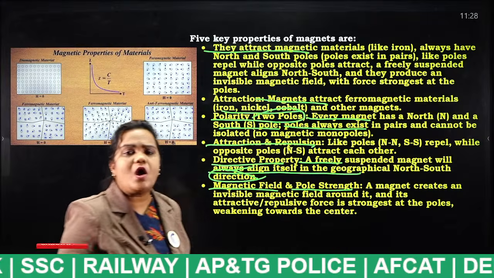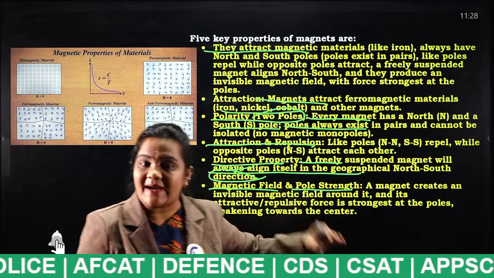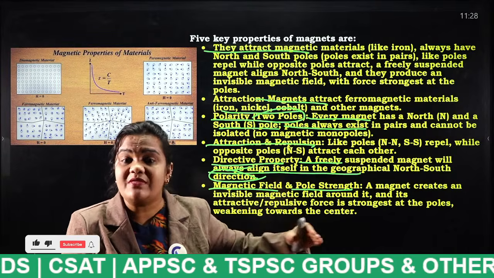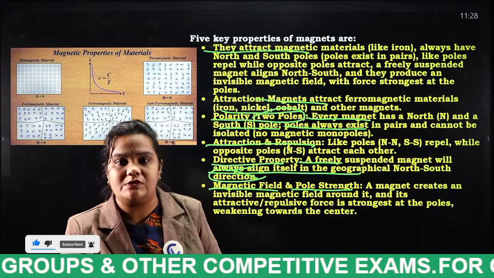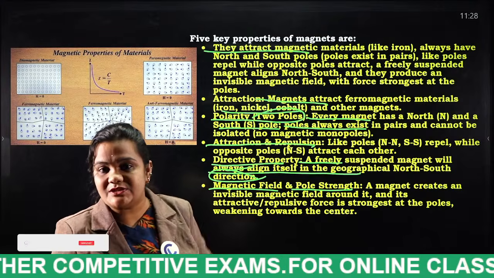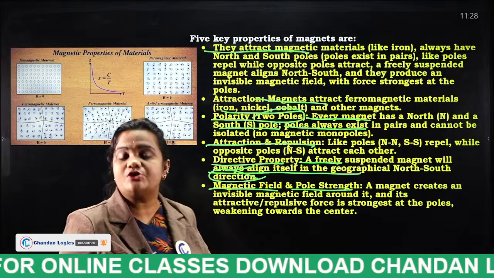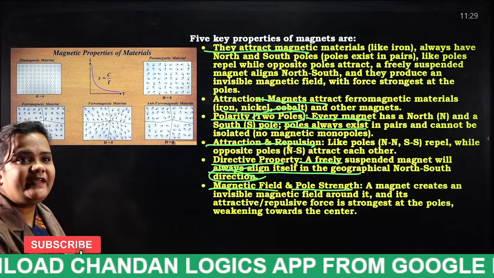As I told you already, the field surrounding the magnet is considered the magnetic field. What is pole strength, students? Most of the magnetic strength is concentrated at the poles, and that is known as pole strength.